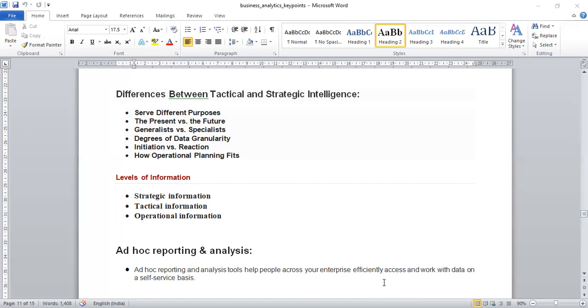Tactical intelligence, on the other hand, deals with the here and now. Strategic decisions have led the organization to its current state. Tactical decisions now enable decision makers to interpret tasks and initiatives to take advantage of current opportunities and to redirect resources as needed.